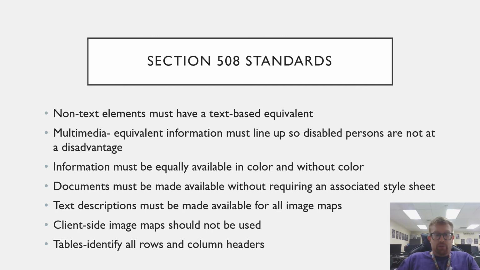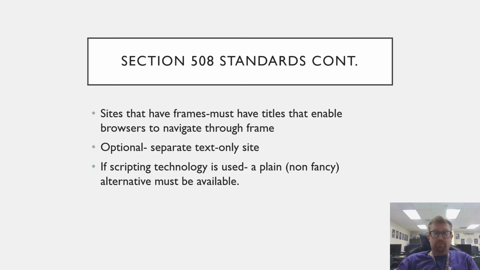Tables identify all row and column headers. We'll talk about tables. Essentially, when you have a table, you have a description at the top of each of the tables for what each of the rows are. And if there are column headers, columns on the side that have different data, you have to have both descriptions for your tables. If it has frames, it must have titles that enable browsers to navigate through the frames.